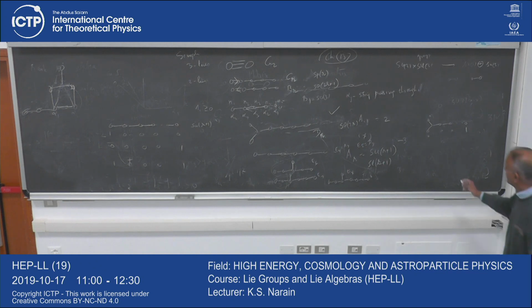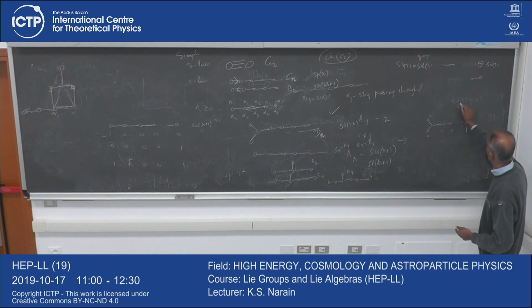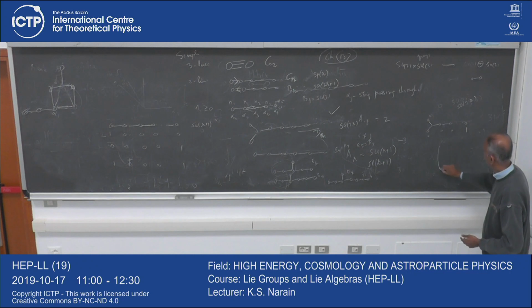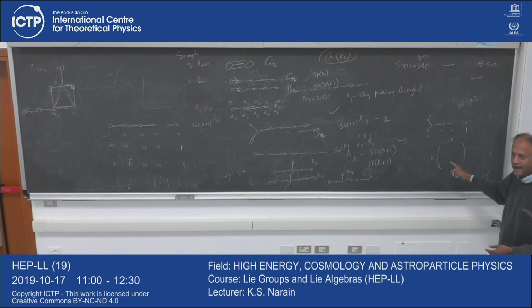Because SO2R, we realize it as a 2R by 2R matrix, 2R by 2R anti-symmetric matrices. SO2R Lie algebra. We are always talking about Lie algebra. So this is acting on a 2R dimensional column vector, which is really the vector in 2R dimensional space. So this is what is called the vector representation, and its dimension will be simply 2R.